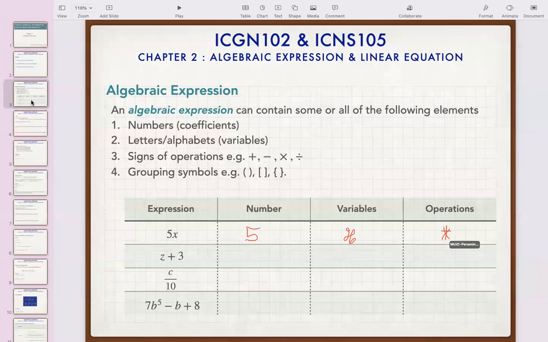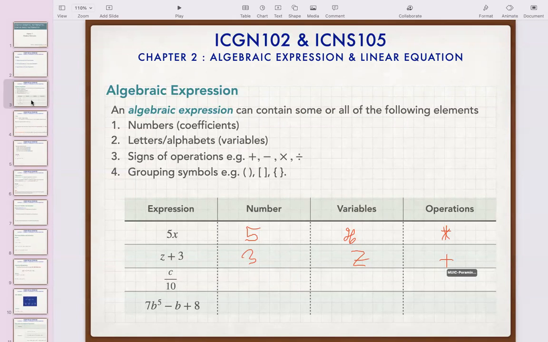Next, z plus 3. Sharif, the operation is plus. Next, c over 10.